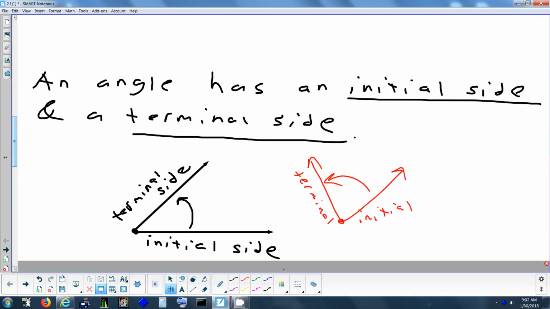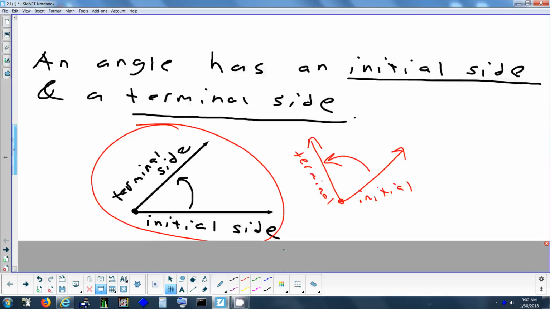So that's how you can tell if it's not drawn a certain way. This one is easy to tell, and that's the way we usually want to draw an angle, and I'm going to talk more about that in a second. The one in red is kind of turned. The initial side shouldn't be pointing up in the air like that. We usually like to keep the initial side horizontal. And then it makes it even easier to figure out which one the initial is. Okay.